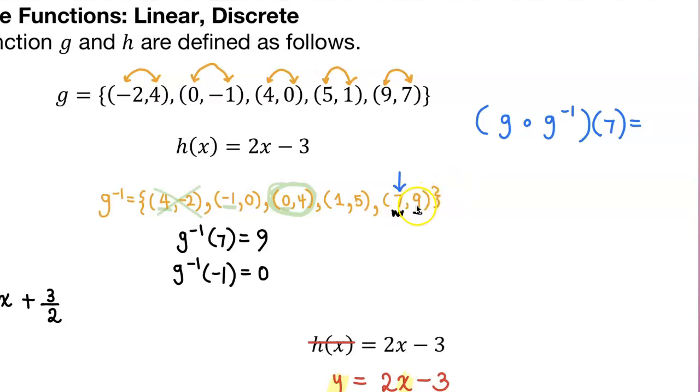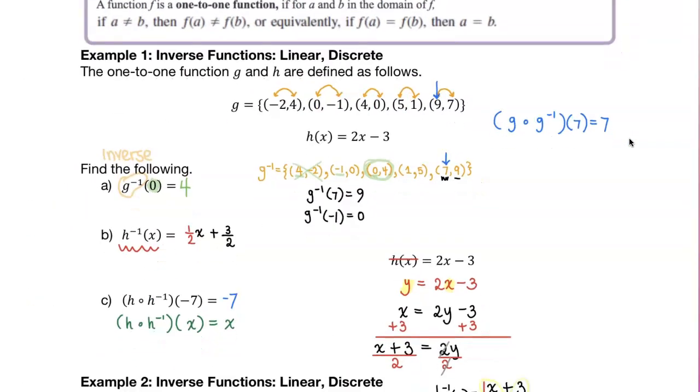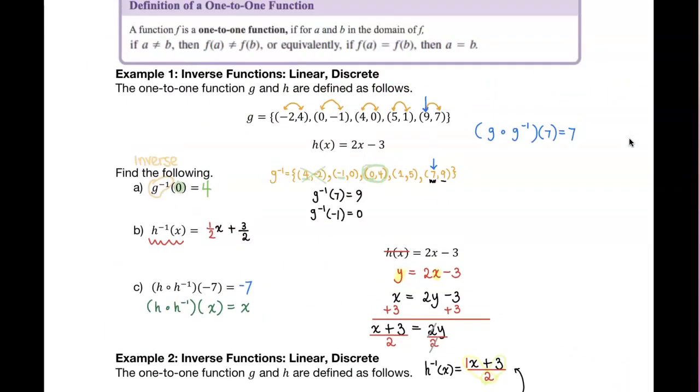But that 9 is now the new input of the original g of x. And guess what I get out when I plug in 9 into g of x? 7, right? So that works for every pair of a function and its inverse. Whenever you do a composition of a function with its inverse, the input will come straight out. So I didn't want to make it more complicated than what it really is. So that's something that you can use for your part C on this topic.